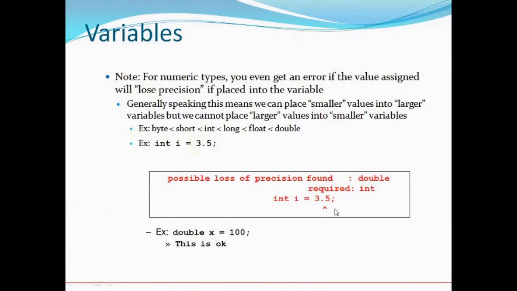If you are not writing an F character at the end of the literal, a floating point number will by default be taken to be double, not float. So this double value cannot be expressed as an integer, cannot be cast to int, so this will throw an error saying it is a possible loss of precision.